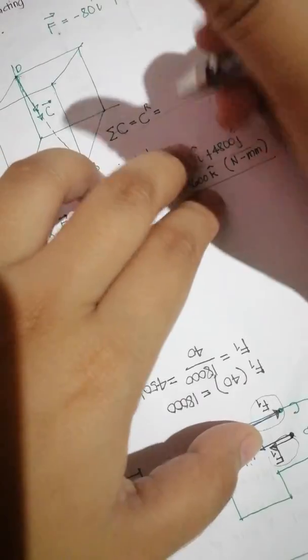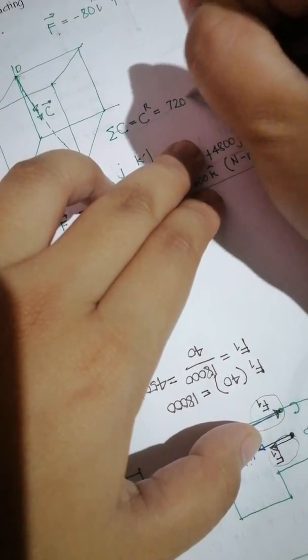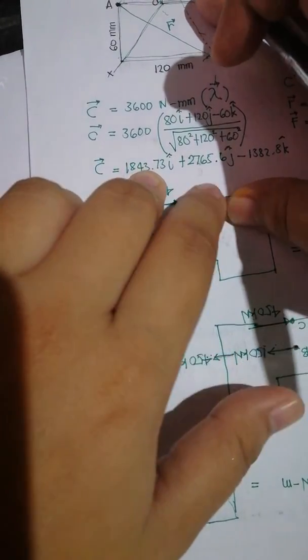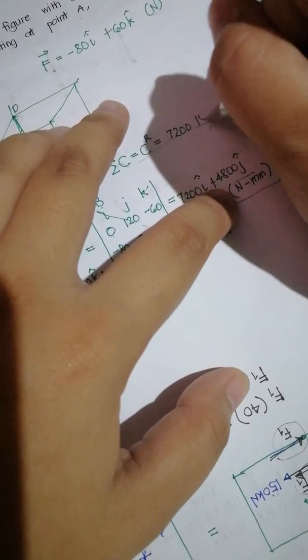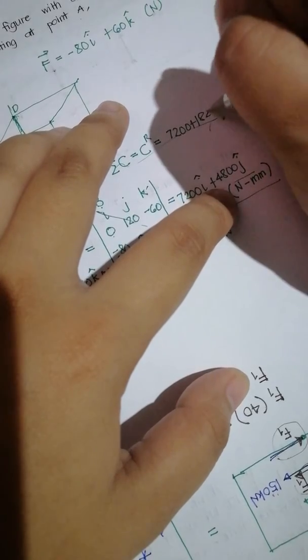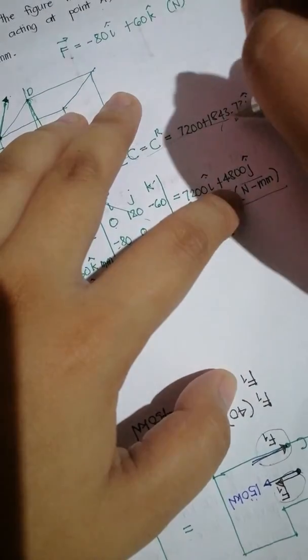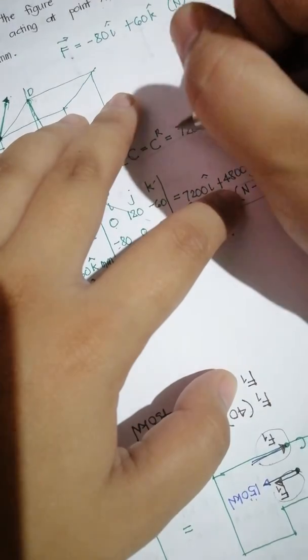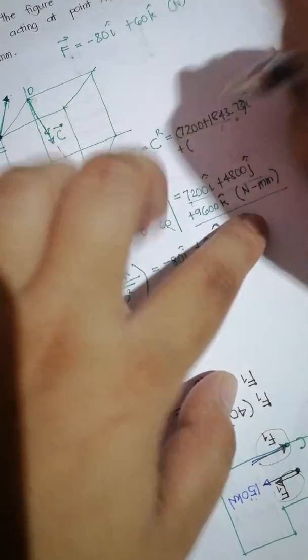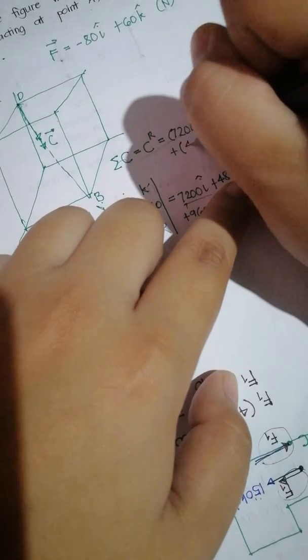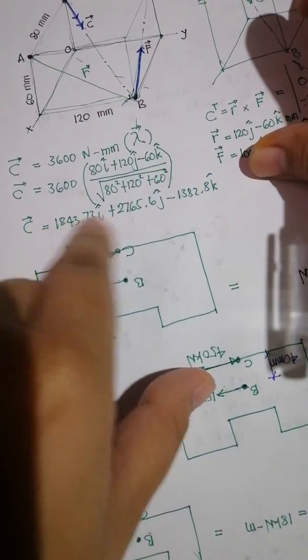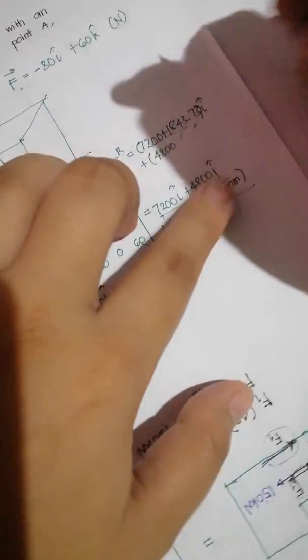So 7,200 plus 1843.73 for the i hat. For the j hat, we have 4,800 plus, for the couple C, 2765.6.